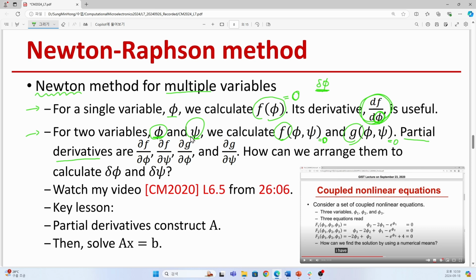So the number of cases becomes 4. For example, round f over round phi, round f over round psi, round g over round phi, and round g over round psi. Okay, now we can calculate all of these 4 numbers.